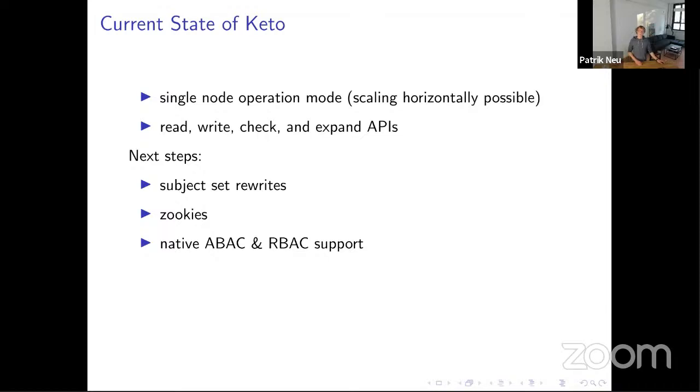So we are thinking about having some high-level API that will allow us to have ABAC and RBAC implemented on top of ACLs, so on top of the relation tuples, but without having to mess with relation tuples yourself.